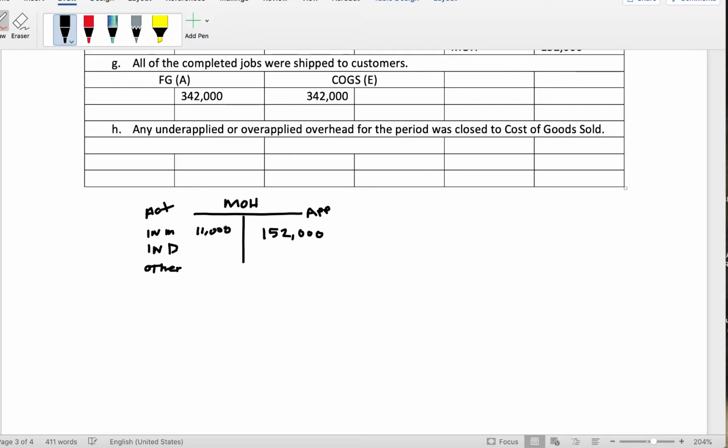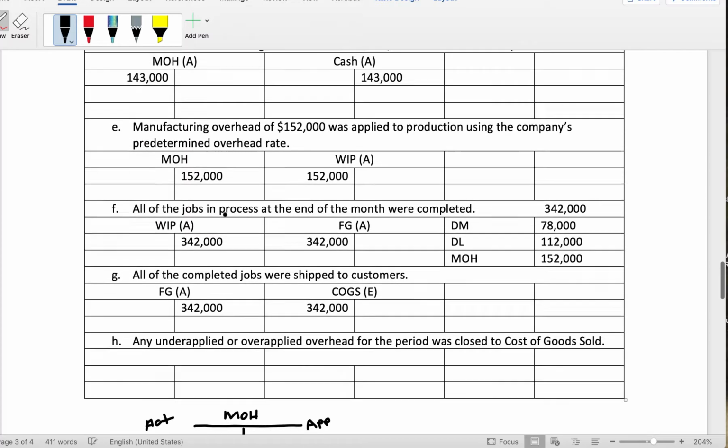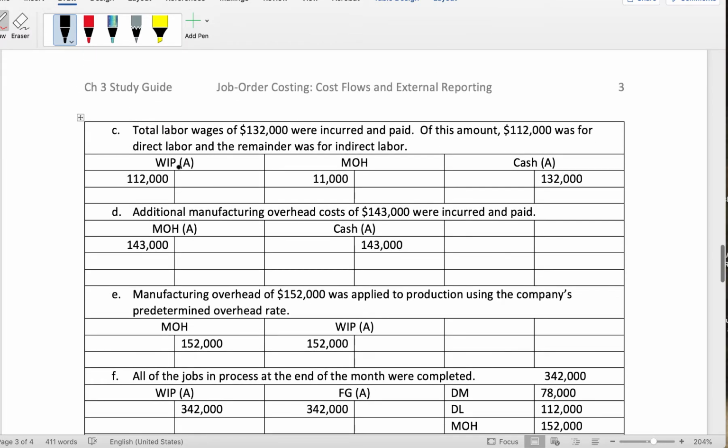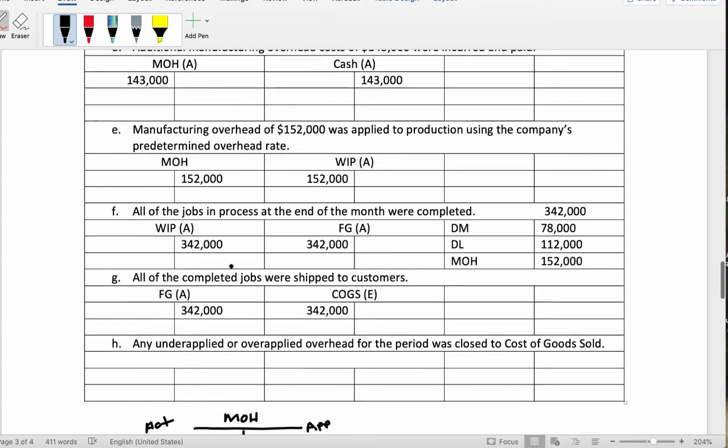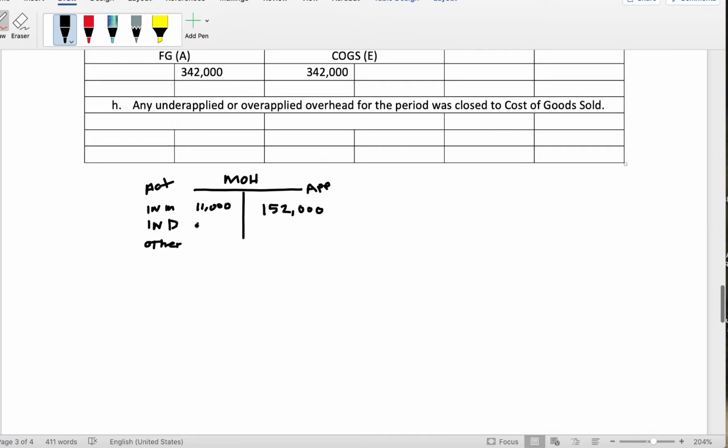Indirect labor comes from C, where for manufacturing overhead we actually added $11,000, so I'm going to put that in there.